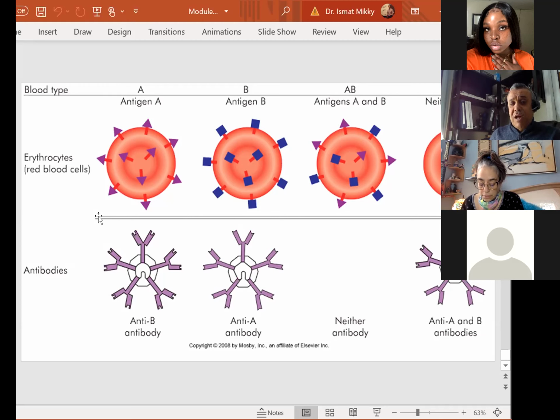So this patient's blood, if we give them this one, then their antibodies will attack the RBCs because it has B antigen.